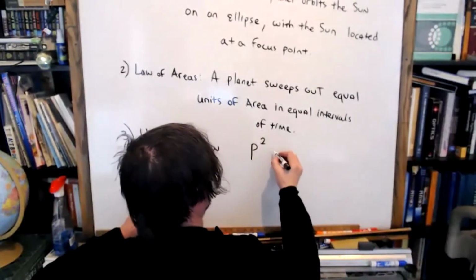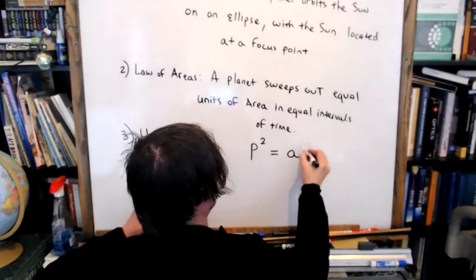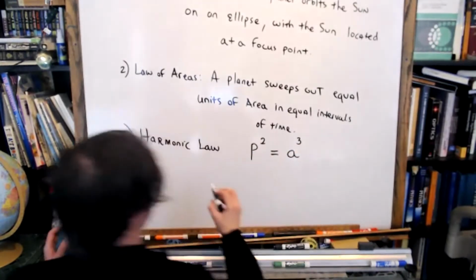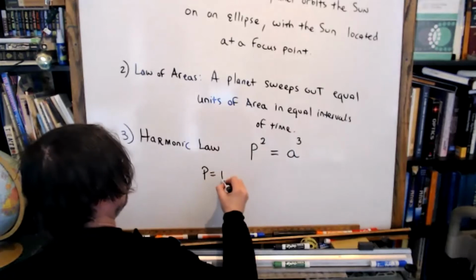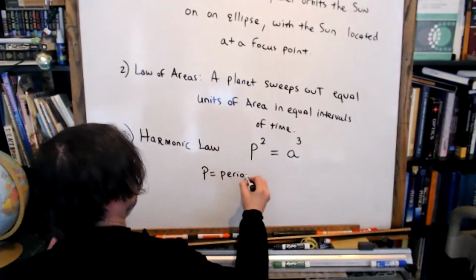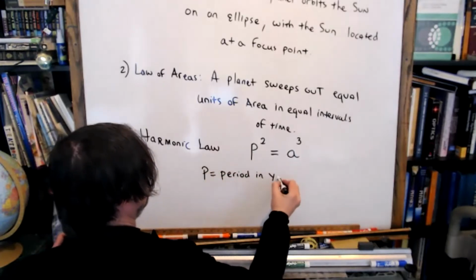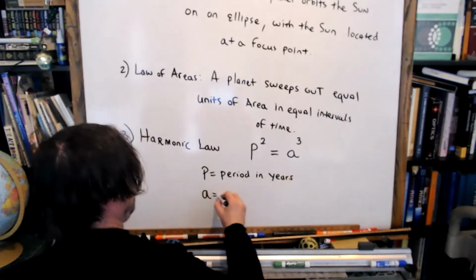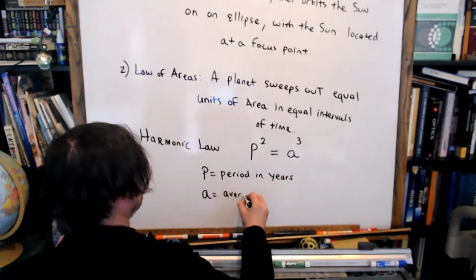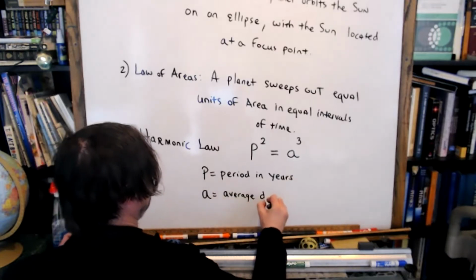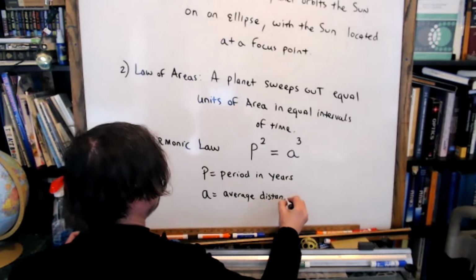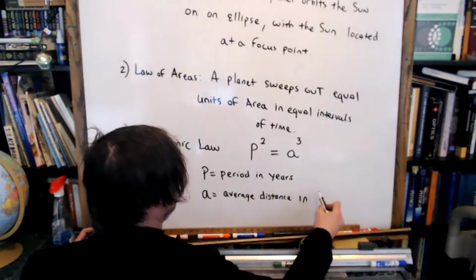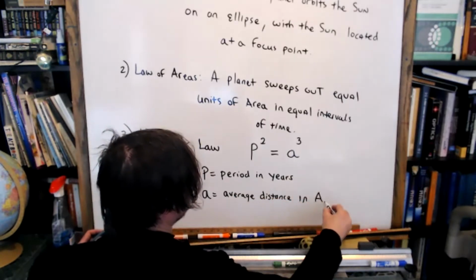P squared is equal to A cubed, where P is the orbital period in years, and A is the average distance in astronomical units.